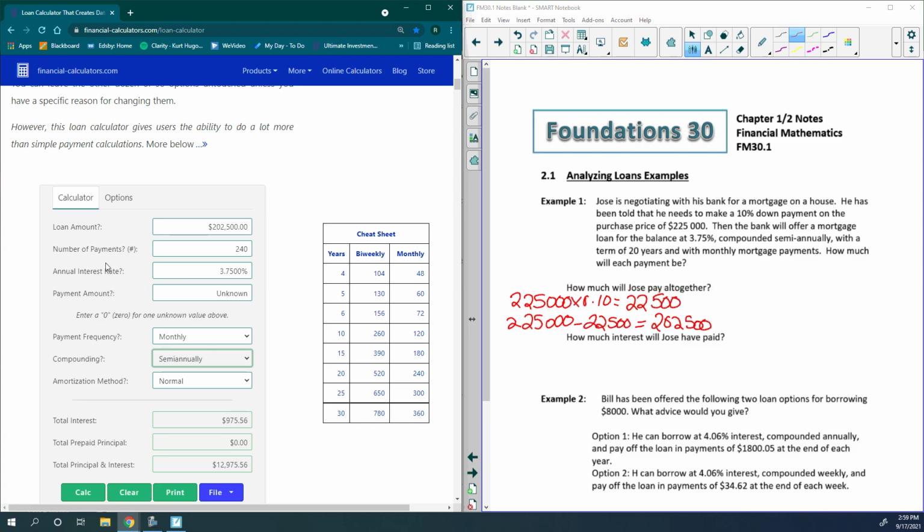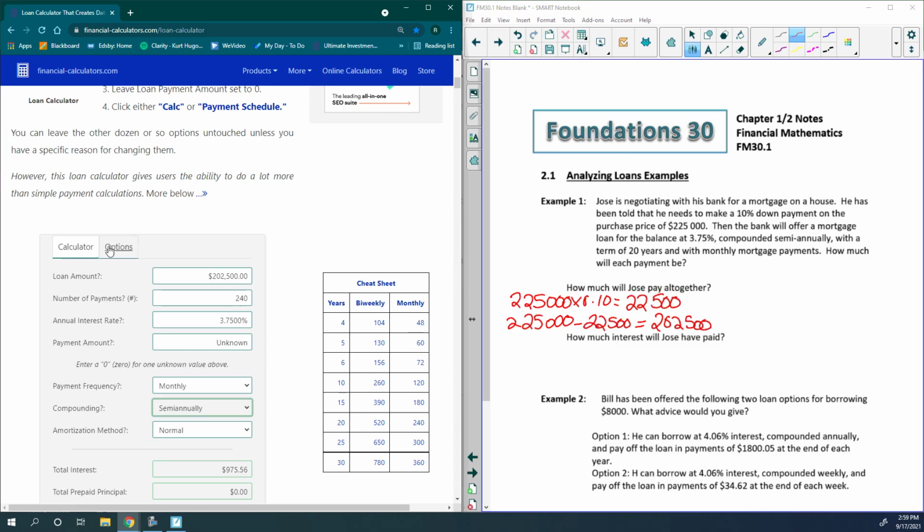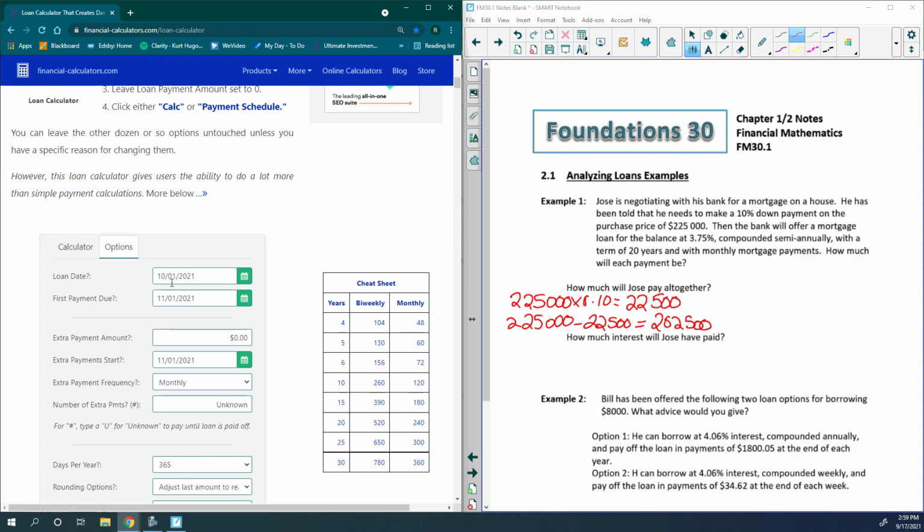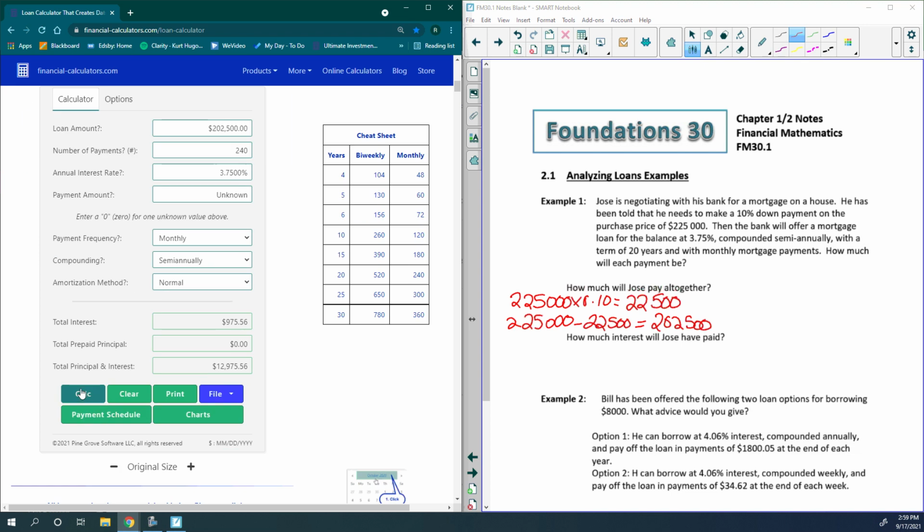This number of payments is based on what I'm paying, not my compounding period. So when you're doing number of payments, you're focusing on how you're paying, not how you're compounded. I'm going to go to my options to make sure my dates are a month apart because that's how I'm paying, and we're focusing on payment amounts. Okay, I'm going to hit calculate.